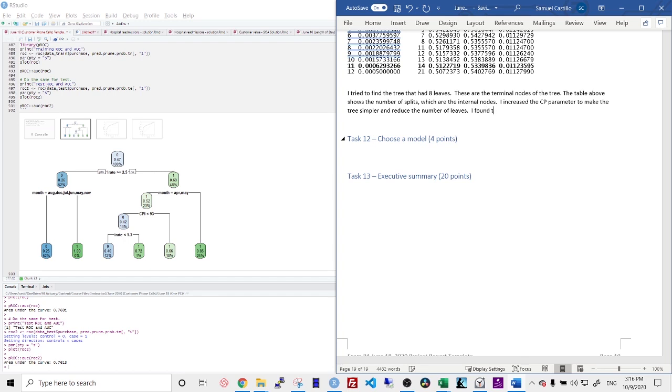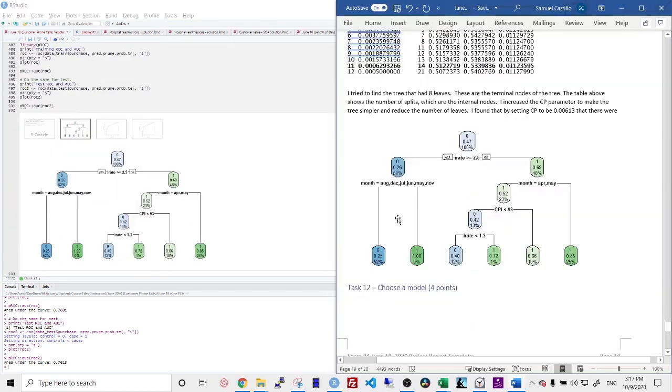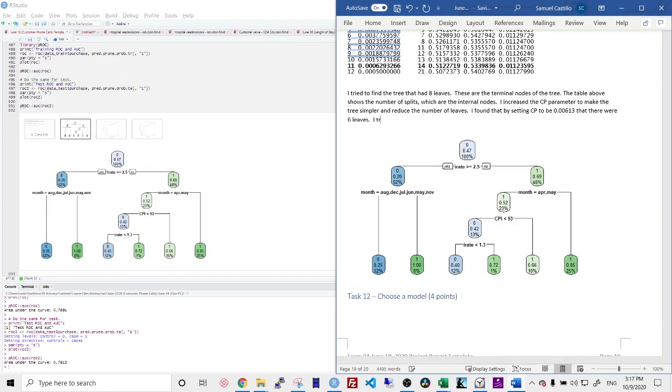I found that by setting CP to be 0.006613, I get this tree, with 6 leaves. I tried the other higher values in the table, but these had more than 8.